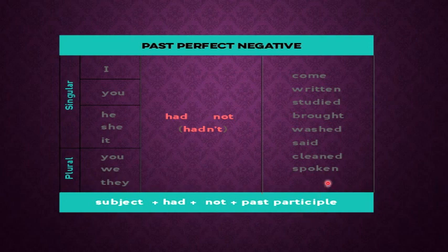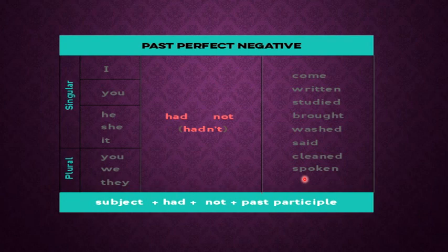These verbs are in past participle or third form. Like come is the third form of come, written is the third form of write, studied is the third form of study, brought is the third form of bring, washed is the third form of wash, said is the third form of say, cleaned is the third form of clean, spoken is the third form of speak.